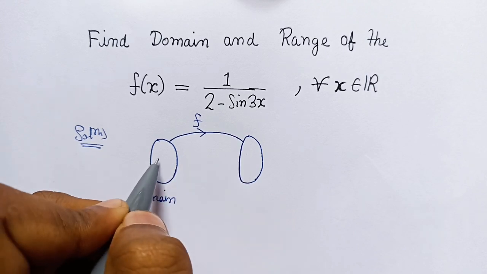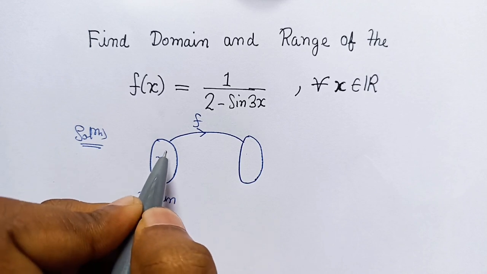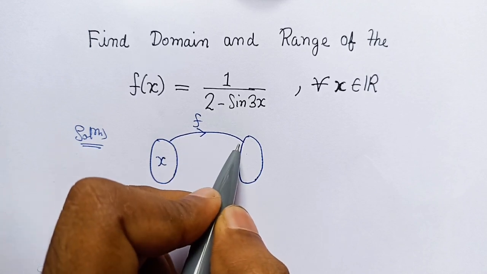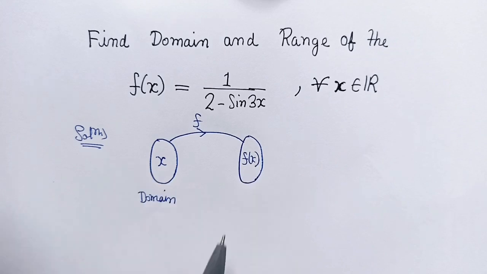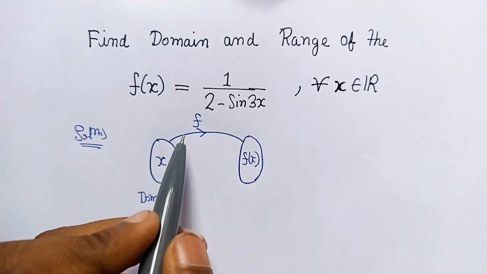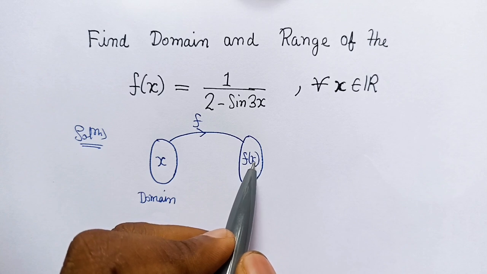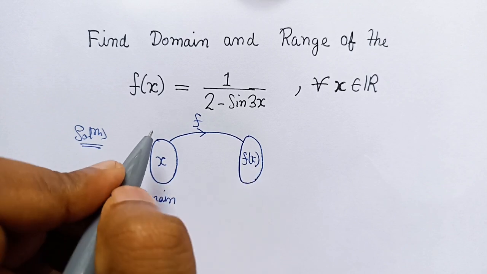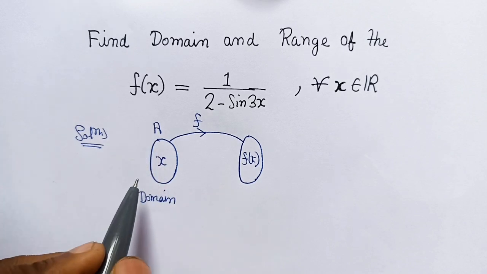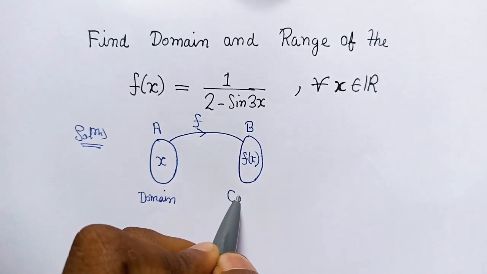Suppose here we have an element x, which is an element of the domain, and then we apply the function, that mapping gives the image f of x. That means it is nothing but the mapping of set A to set B. Set A is the domain, and set B is the codomain.